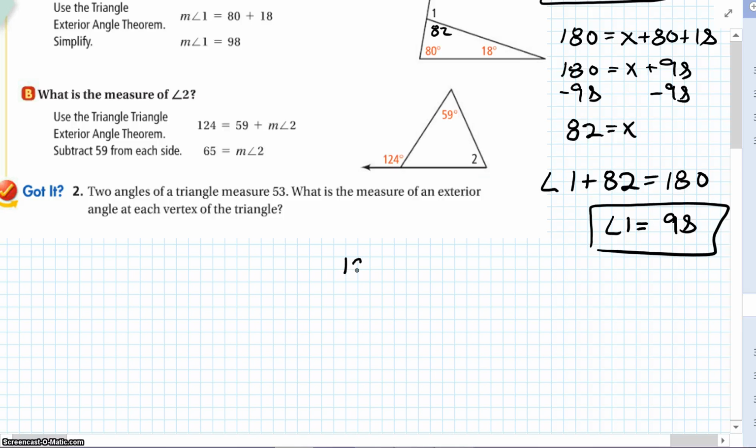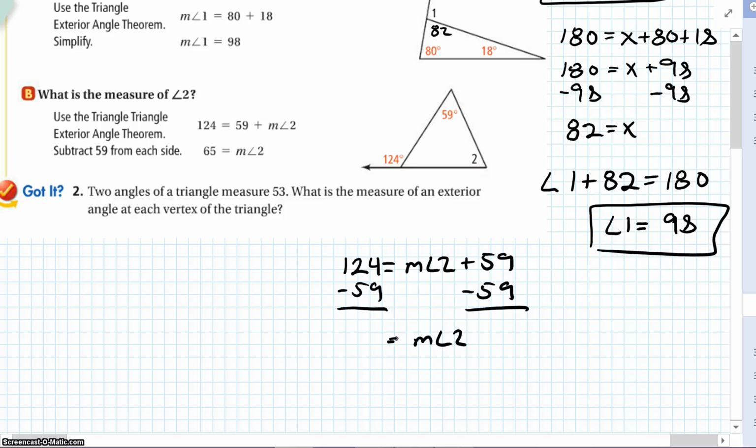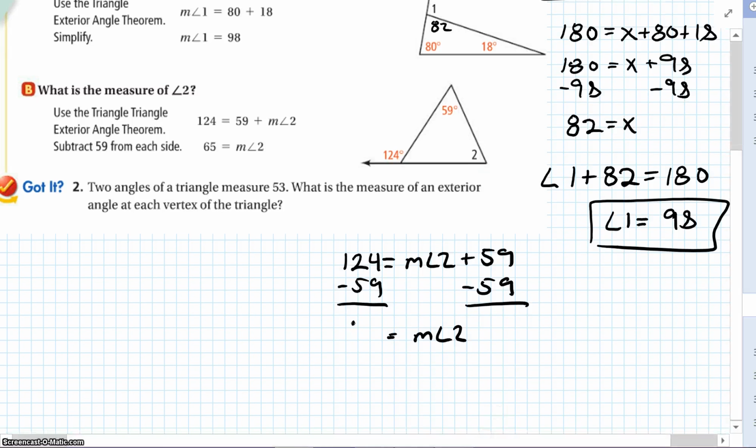So part B, what is the measure of angle 2? Okay, so we can say 124 equals the measure of angle 2 plus 59. Subtract 59 from each side. The measure of angle 2 equals 65. All right, what's the other way we could do it? Well, we could say this is x, and we know 124 plus x equals 180.